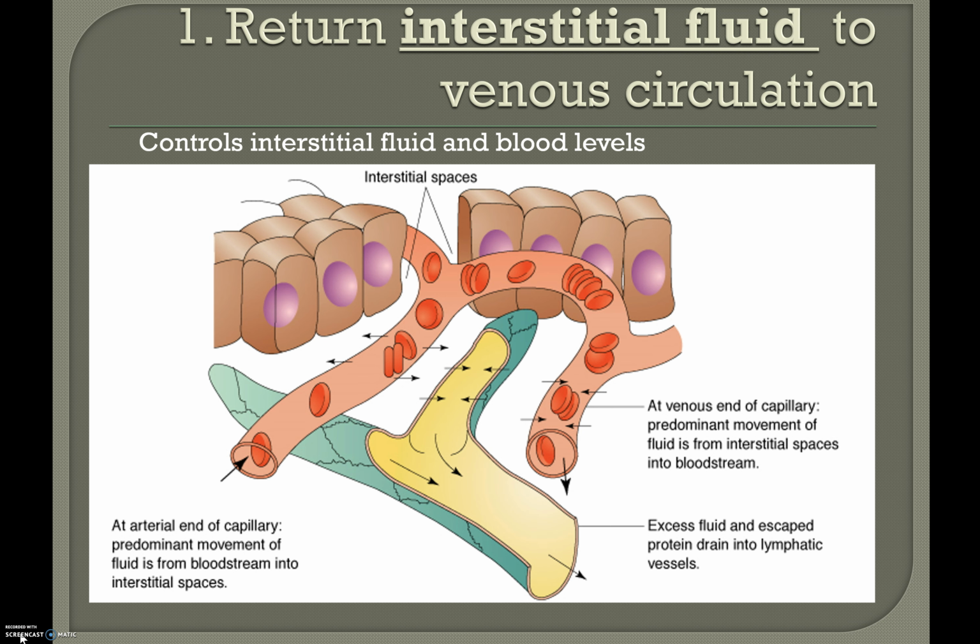However, there is always an excess of about 3 liters of liquid in the interstitial space that is carried by the lymphatic capillaries back into the venous system. Therefore, these lymphatic capillaries carry all the extra interstitial fluid back into the bloodstream.